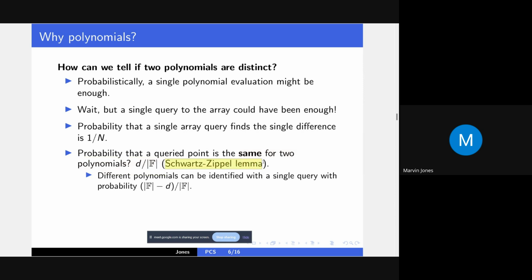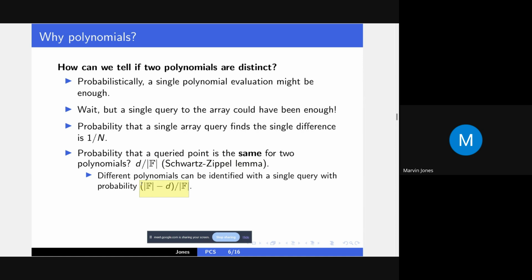If you're curious about why it's d over the size of your field, that's the Schwartz-Zippel lemma. So that's the probability of randomly selecting and finding the same value for these two polynomials. The difference, like identifying if two polynomials are different, the probability is almost 1, for d significantly smaller than the size of the field.